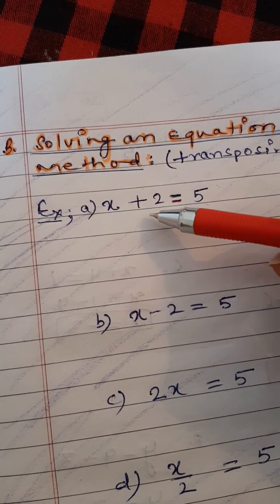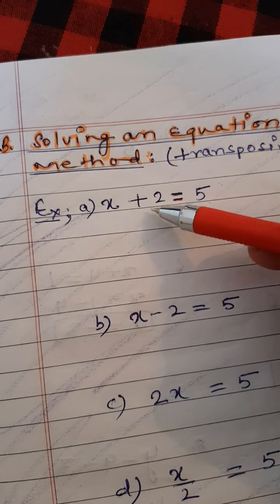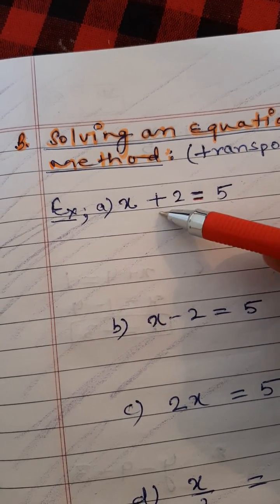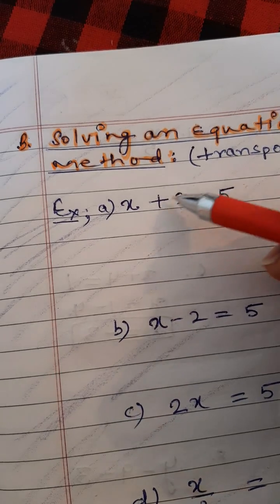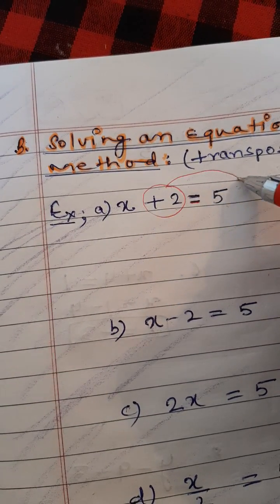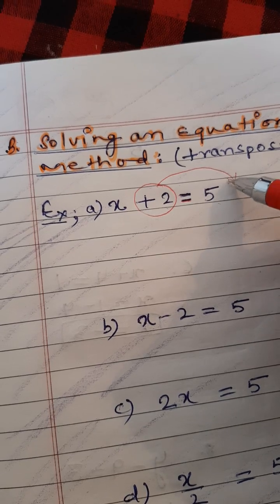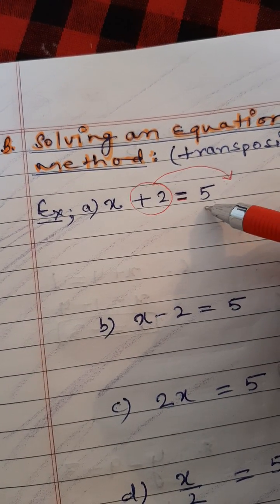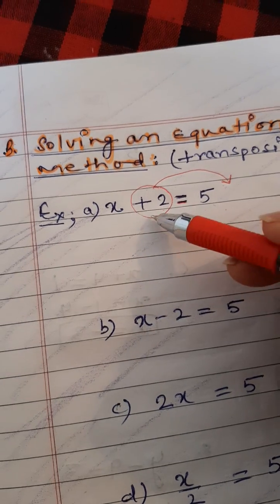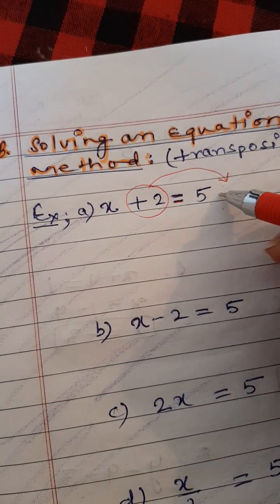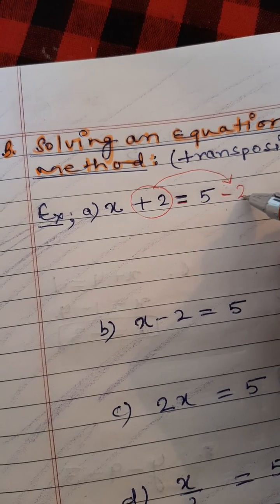For example, if you will transpose this 2, we have to check its sign also, this is plus 2. Transpose this plus 2 to this side, this 5 will remain as it is. Now this plus 2 will get changed to the opposite sign, that is minus 2. So it will become minus 2 here.